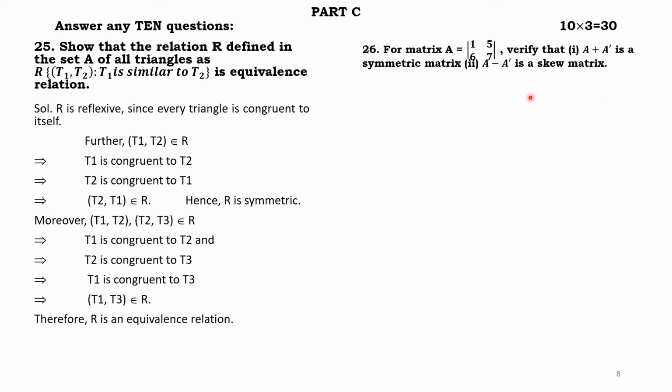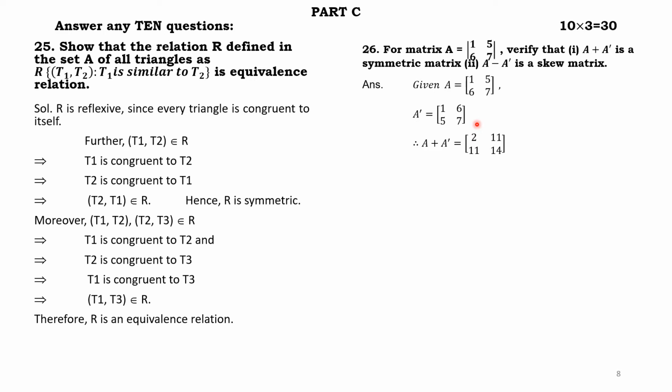A dash is the transpose of matrix A. Given A is equal to 1, 5, 6 and 7, we will find A dash. That is, we change rows to columns and columns to rows. Therefore, A dash is 1, 6, that is, column 1 becomes row 1, and column 2 becomes row 2, so 5, 7. So A dash is [1, 6; 5, 7].